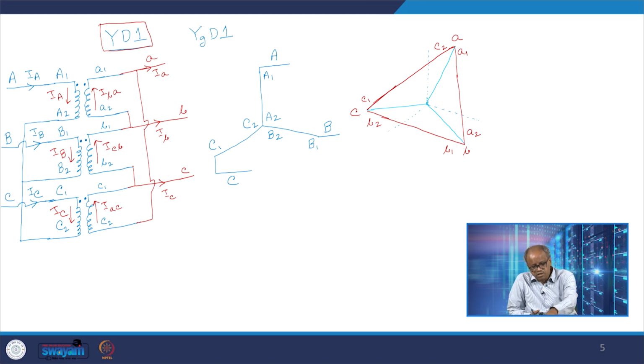Because this neutral point is not connected to ground, I do not know what the voltage of Vn is. So this voltage Vn, the neutral voltage at the primary side, is something unknown.